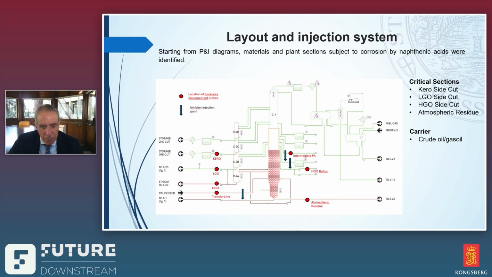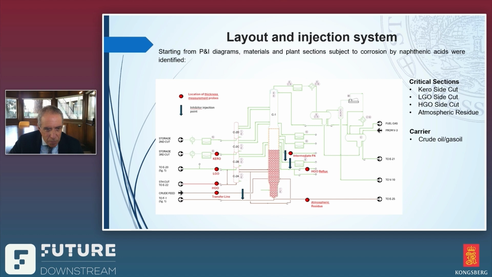As for the column, we can see on the transfer line is one of the injection points, and also in the intermediate and the HGO reflux, and where the thickness has been checked, which is on each of the streams to the column and from the column.